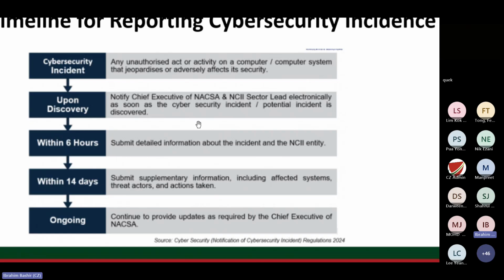For capital markets, the sector lead is the Securities Commission. Most sectors do have their appointed sector leads as well. So if you need further clarification, it's better to contact your sector lead directly, because they are responsible for your whole sector within those 11 sectors that I shared earlier.